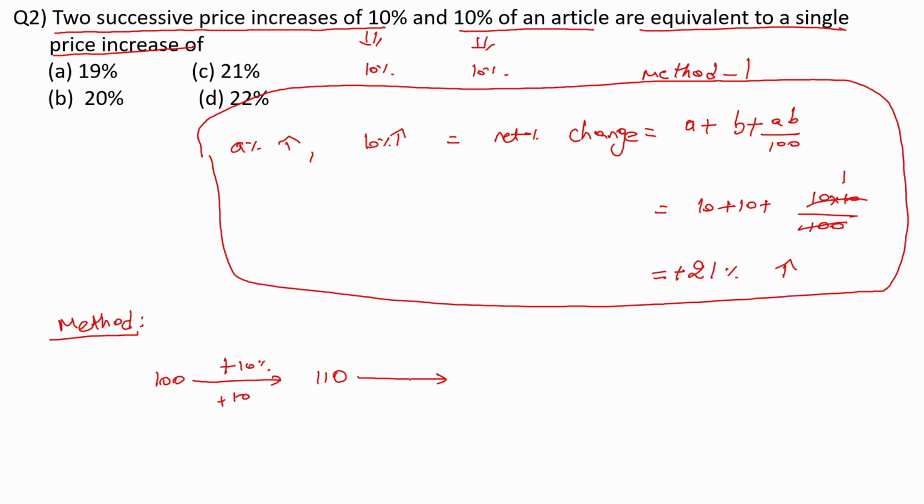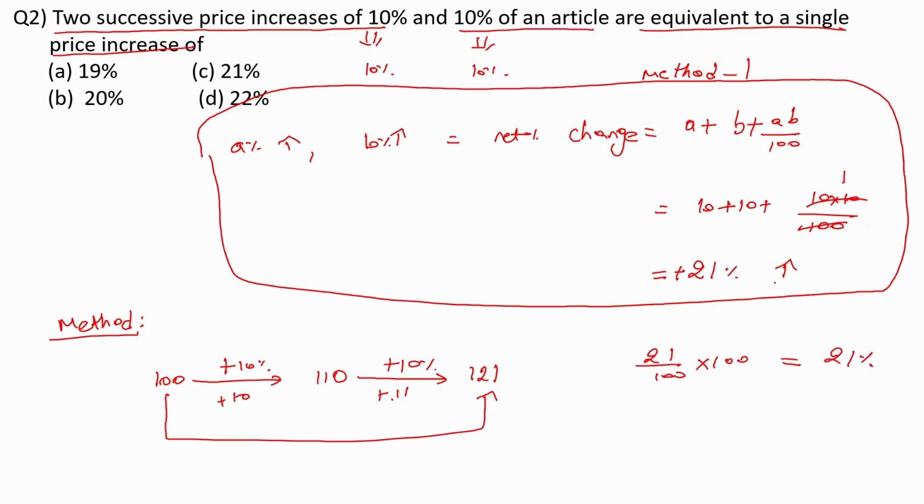And in the second year, it is again increased by 10%, and 10% of 110 would be 11. So 110 plus 11 gives me 121. So the net percentage change is 21 upon 100 into 100, that is equal to 21%. In both cases, we get the same value, that is 21% increase on the initial value.